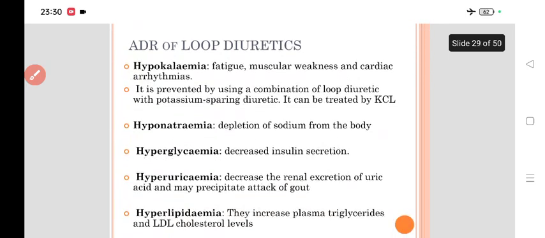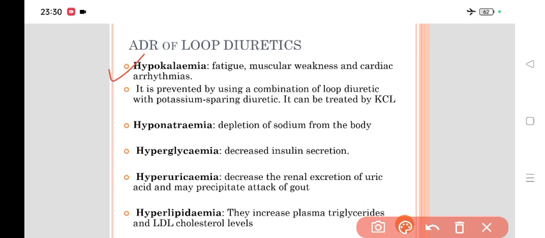Now, what are the adverse effects of loop diuretics? They cause hypokalemia. Because of hypokalemia, there is fatigue, muscular weakness, and cardiac arrhythmia. So, how will you prevent this hypokalemia?